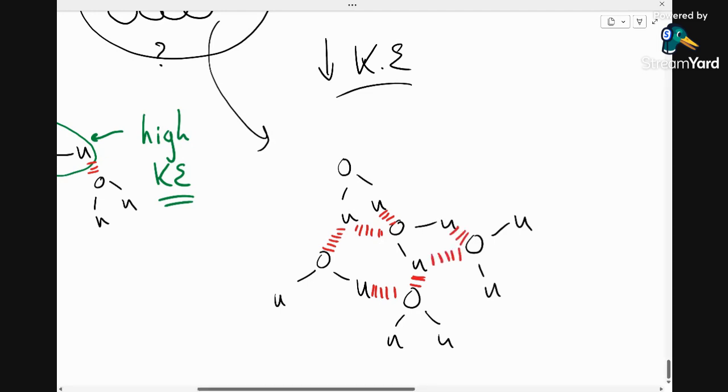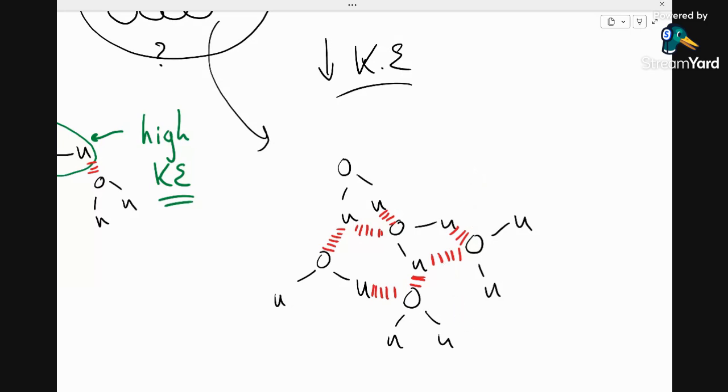Like this. Because they're not moving around with enough kinetic energy to break the individual hydrogen bonds. We don't have enough kinetic energy, even though we don't need much, when we freeze water to break these hydrogen bonds.